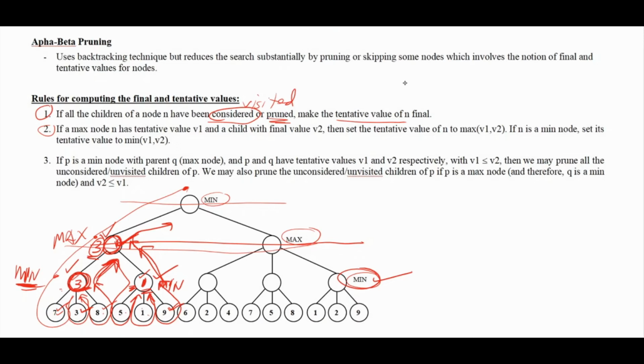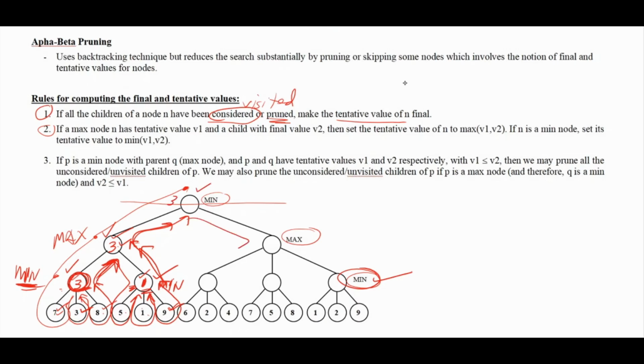We make the tentative value of this node 3 final. So this becomes a final value 3. When we go up back to the root node, we propagate this final value of this node to the root node, which is the parent node of this node, with a final value 3. So the tentative value now of this root node is 3.